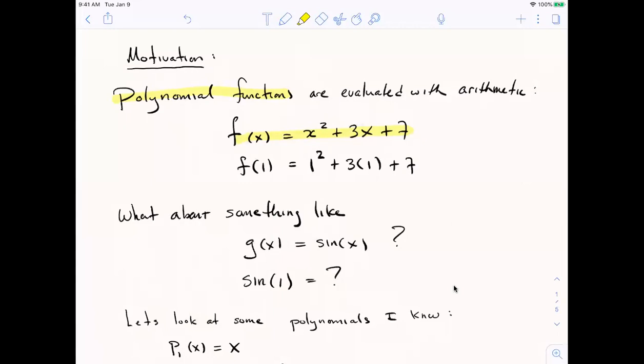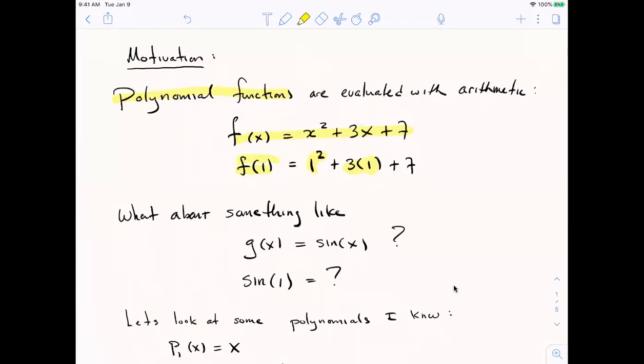My point is that when you want to evaluate such a function at a number, when you want to plug in a number, here I've plugged in the number 1, you do arithmetic. You replace the variable x with the number, in this case 1. And then what do you have to do? Well, you have to square that 1. That's arithmetic, 1 times 1. You have to multiply 1 by 3.